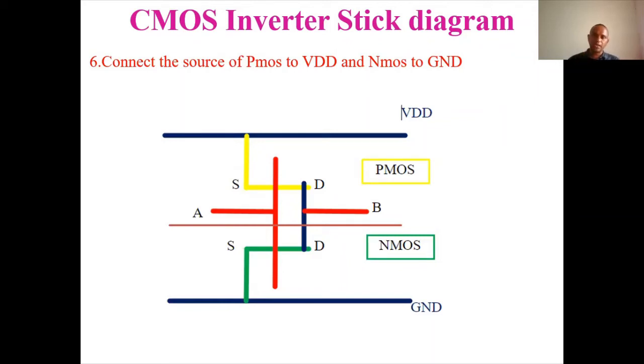To make an electrical contact, you have to represent it with a contact cut. So that's why the next step is that. Here there is no connection; we have just touched VDD and the source of the PMOS, and ground and the source of the NMOS, but no connection is established between them.